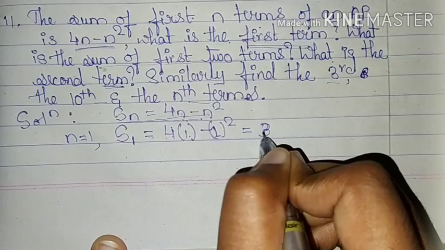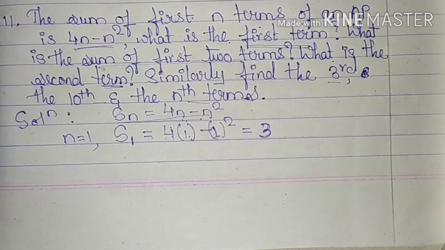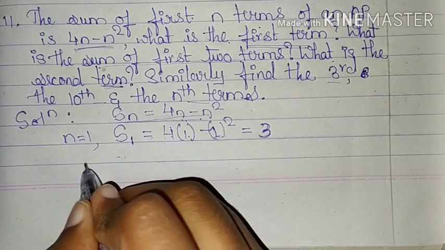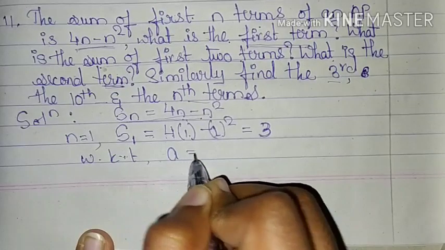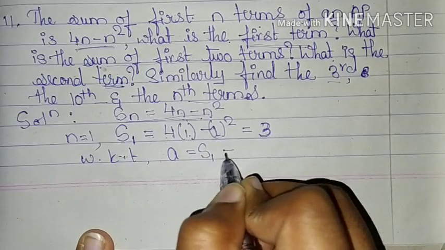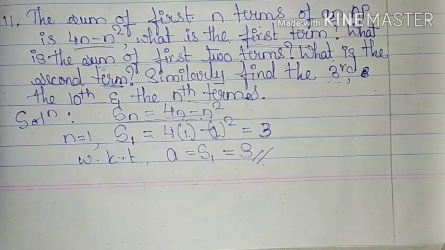This is the value of our first term, because just now in the example we saw that the sum of the first term means it is only the first term. So A is equal to S1, which is equal to 3. This is the value of our first term.